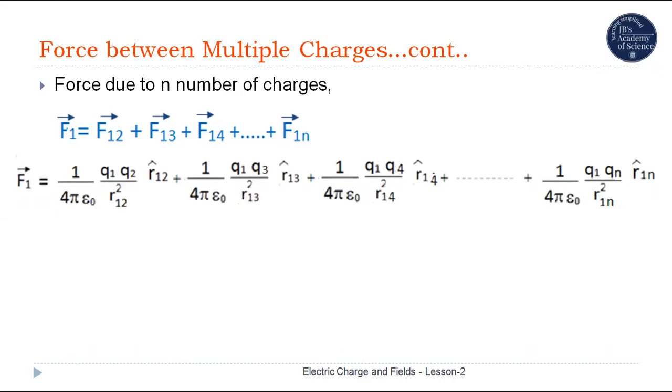We can write that F1 is equal to 1 by 4 pi epsilon 0 Q1 Q2 divided by R12 square R12 cap plus 1 by 4 pi epsilon 0 Q1 Q3 divided by R13 square R13 cap plus 1 by 4 pi epsilon 0 Q1 Q4 divided by R14 square R14 cap plus etc. up to 1 by 4 pi epsilon 0 Q1 Qn divided by R1n square R1n cap.